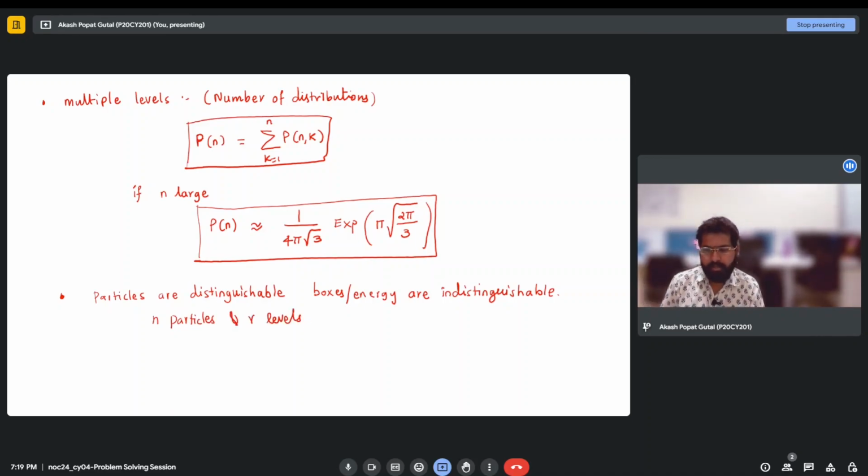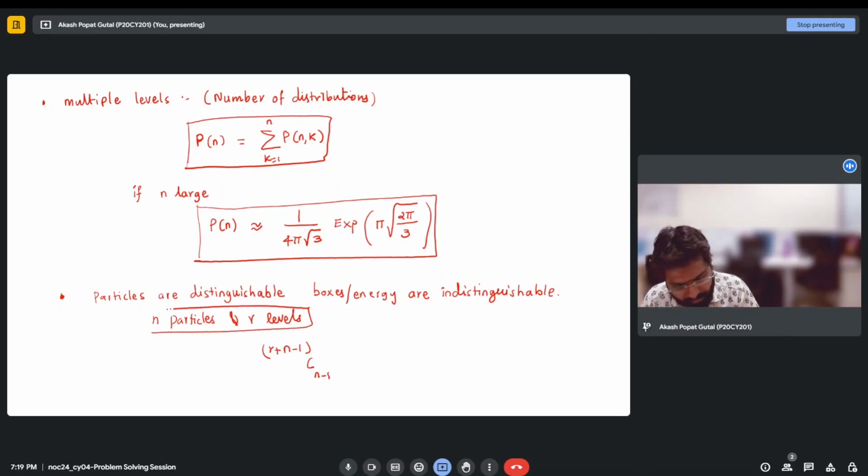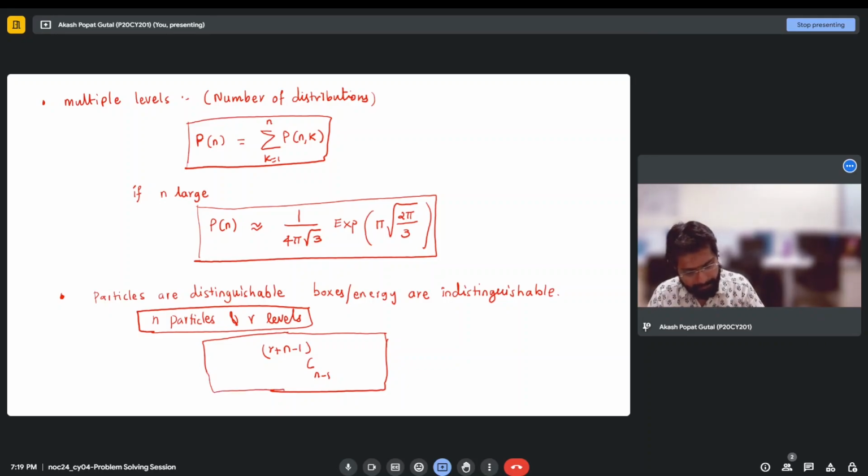The number of microstates is given by the formula r plus n minus 1 C n minus 1, which is a combination, for r levels and n particles. So this will be your W, the number of microstates.